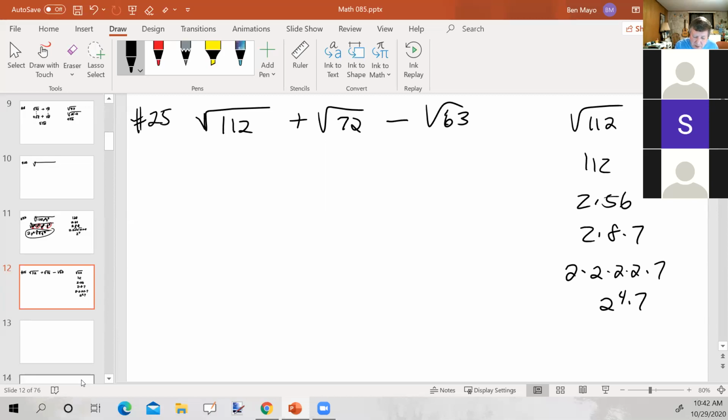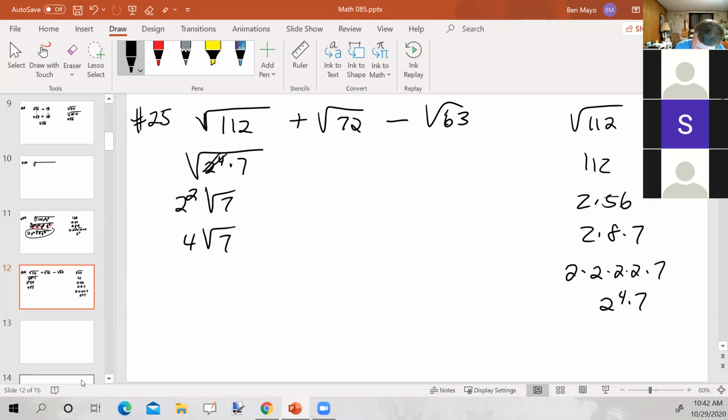Now, since the index on this first one is a 2, I want my exponents to be 2s or multiples thereof. So the square root of 2 to the 4th times 7. What is the square root of 2 to the 4th? 2 to the 2nd. Right. And then left inside is the square root of 7. So I've got 4 square roots of 7. Any questions there?